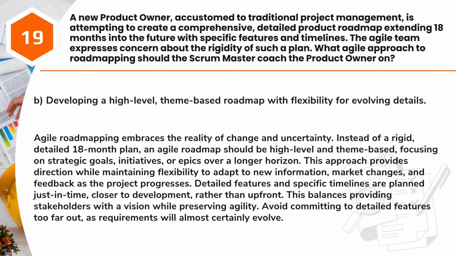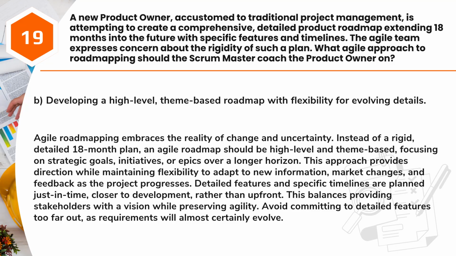Answer: B. Developing a high-level, theme-based roadmap with flexibility for evolving details. Agile roadmapping embraces the reality of change and uncertainty. Instead of a rigid, detailed 18-month plan, an Agile roadmap should be high-level and theme-based, focusing on strategic goals, initiatives, or epics over a longer horizon.